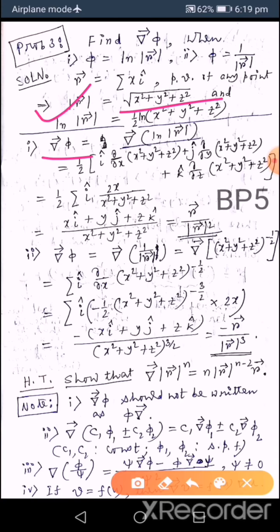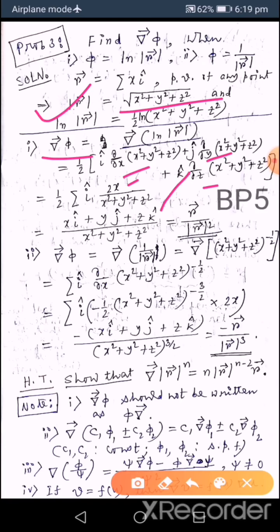So del phi equal to del of log mod r equal to half of i del by del x of log of x square plus y square plus z square. The partial derivative with respect to x will be 1 by x square plus y square plus z square into twice x.